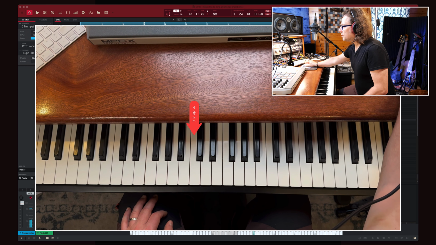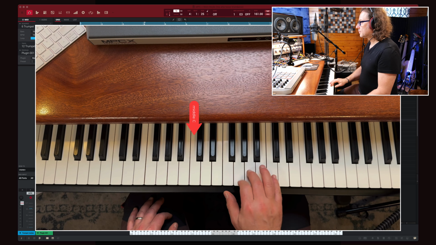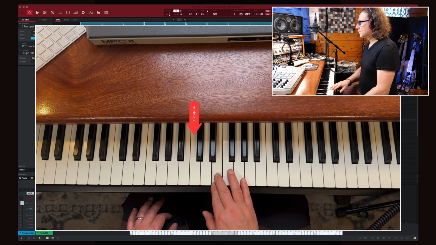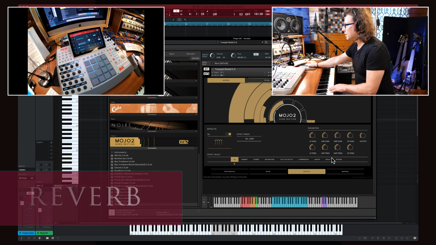Let me increase the volume. Okay, so it's a totally different experience of that instrument. A reverb.